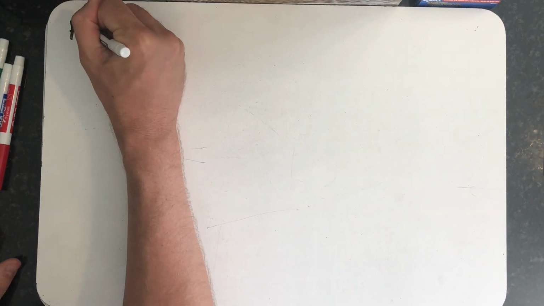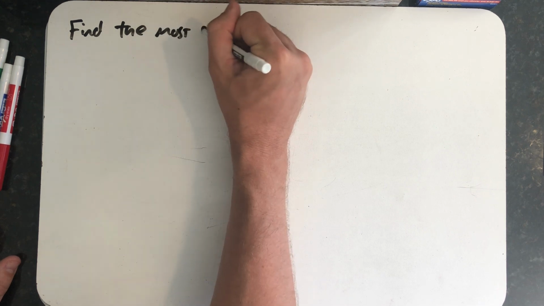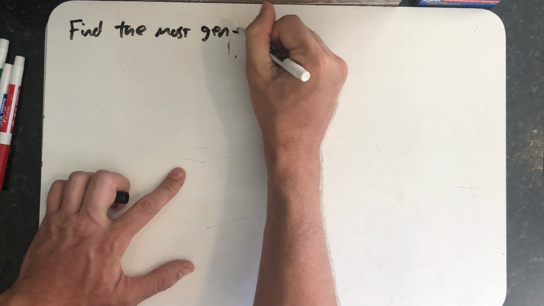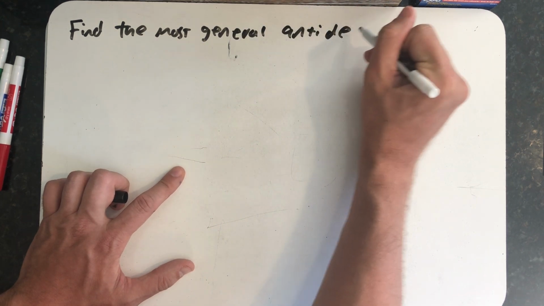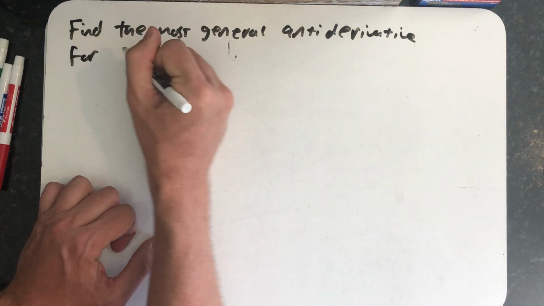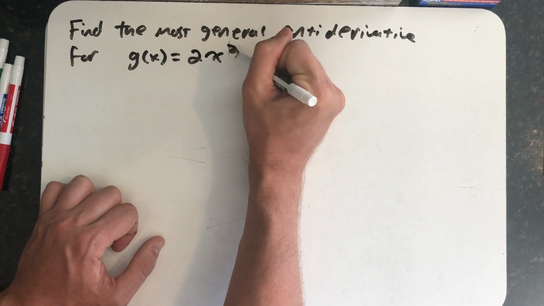One more example: find the most general antiderivative for g of x equals 2x squared.